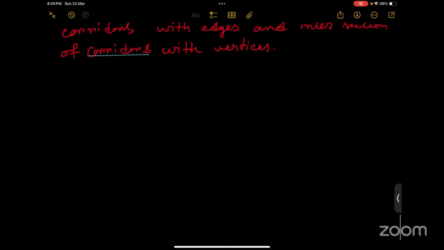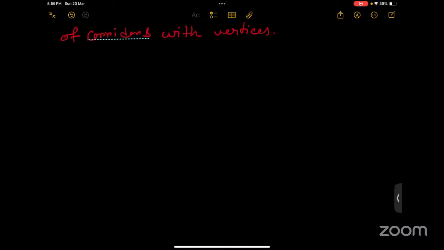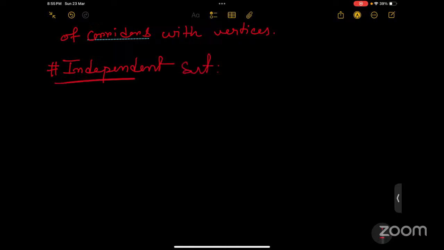Then we have another thing, independent set. So what is an independent set? An independent set is again a collection of vertices. If you have a graph, we collect vertices such that no two of the vertices we are collecting are connected by a direct edge.